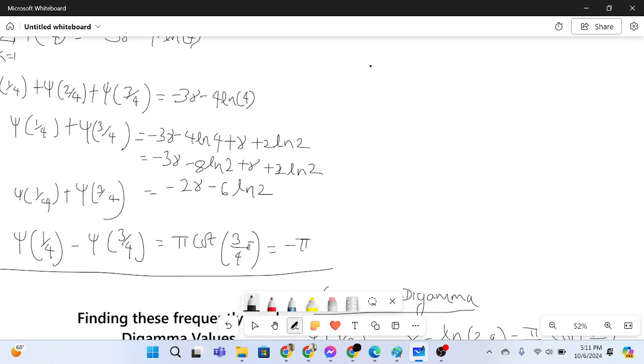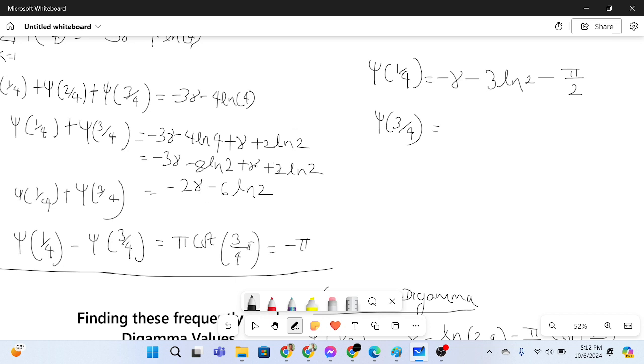Digamma 1 by 4 will be half of the sum of both of these, right? If we sum both of them, we will have 2 times digamma 1 by 4, and again we have to divide by 2. That is minus the Euler-Mascheroni constant minus 3 ln 2 minus pi by 2, right? And now for digamma 3 by 4, we have to subtract the second from the first and then divide by 2, right?